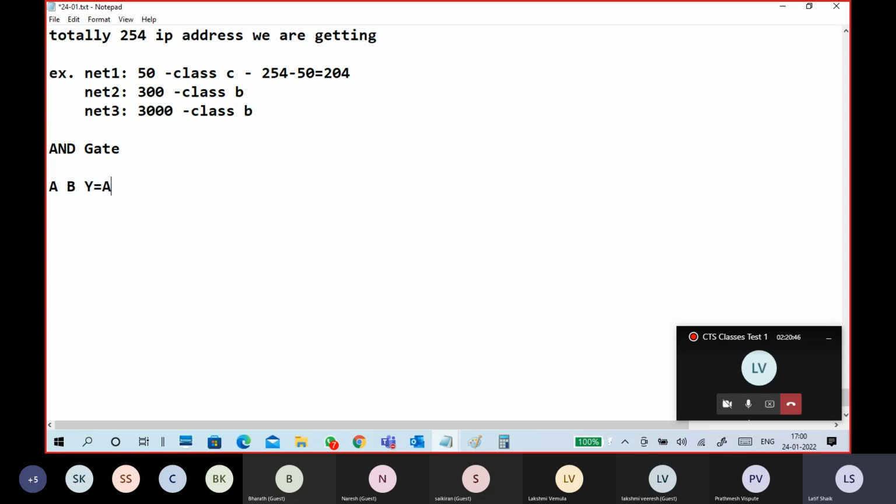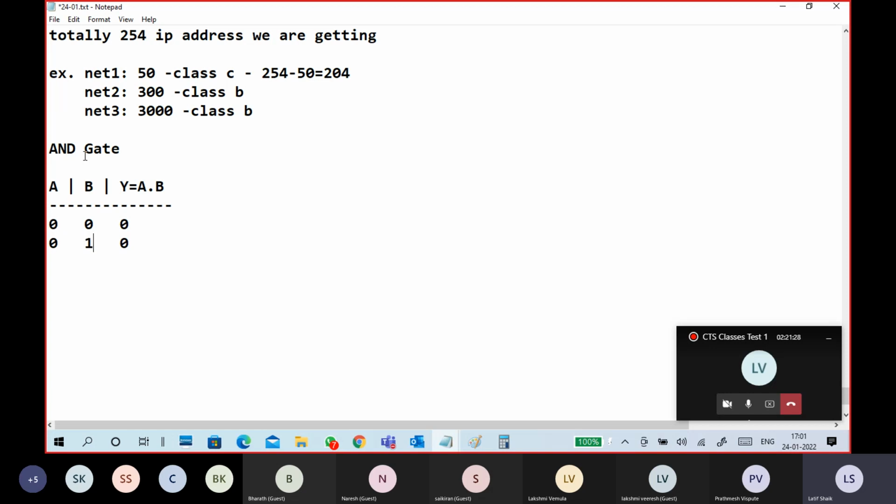The expression for this AND gate is A dot B. There are 2 inputs. If one input is 0 and another input is 0, the output is 0.